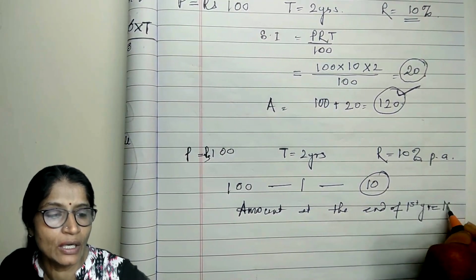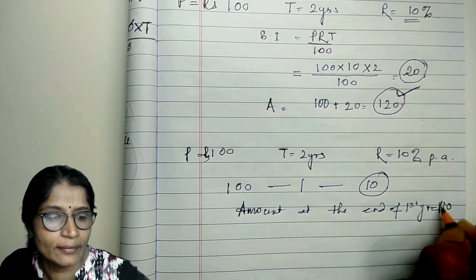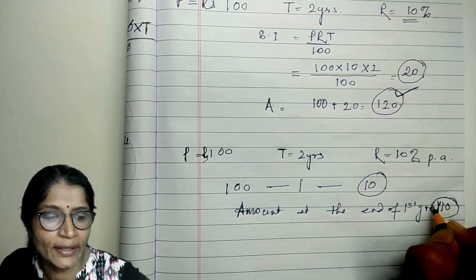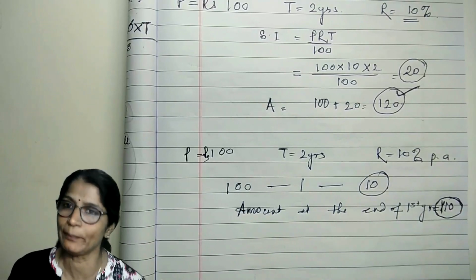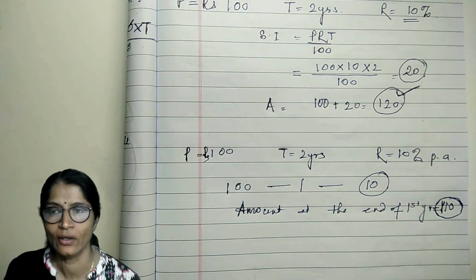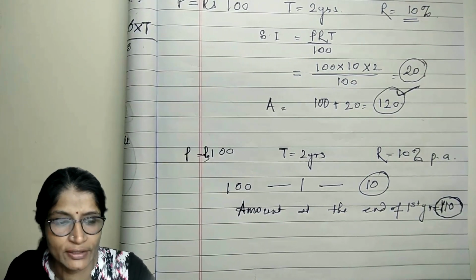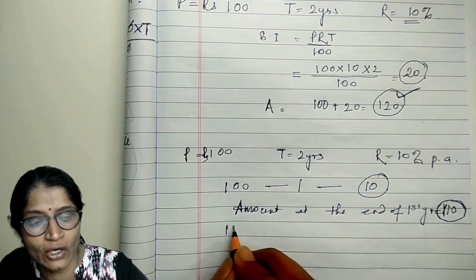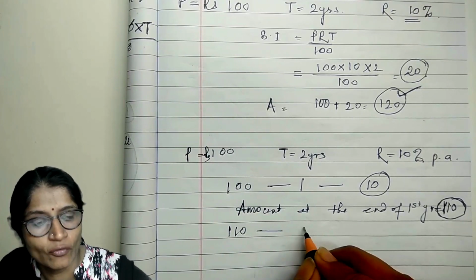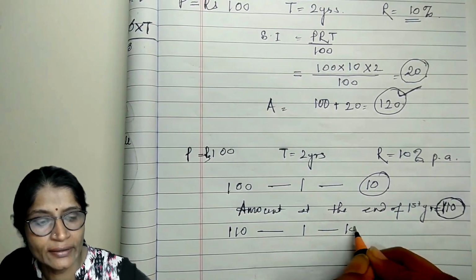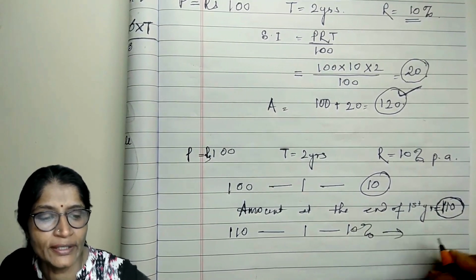is equal to 110. Now this 110 will become the principal for the second year, on which you have to pay the interest. So on 110 rupees for 1 year at 10%, what will be the interest?